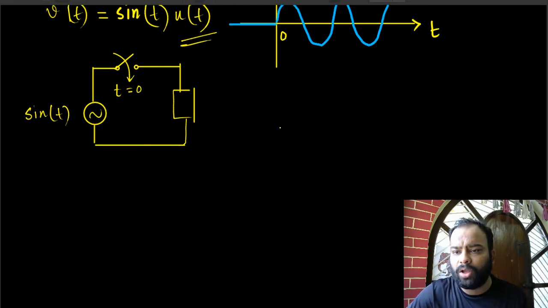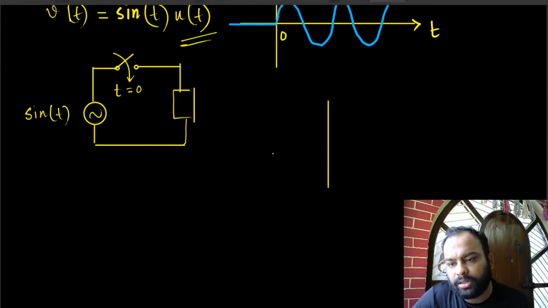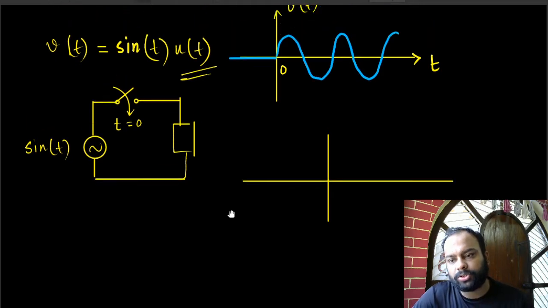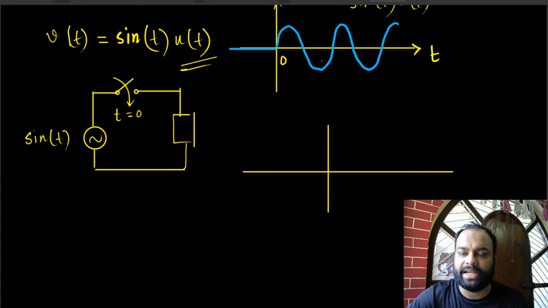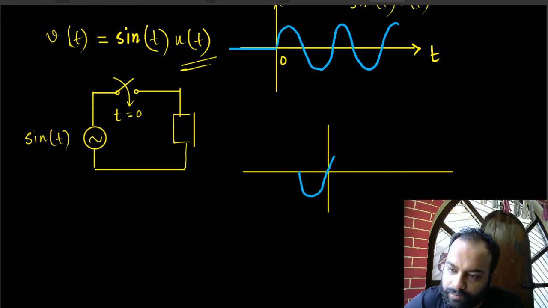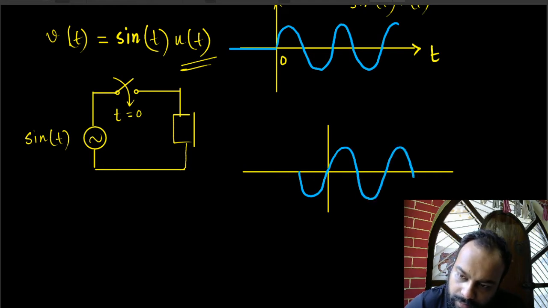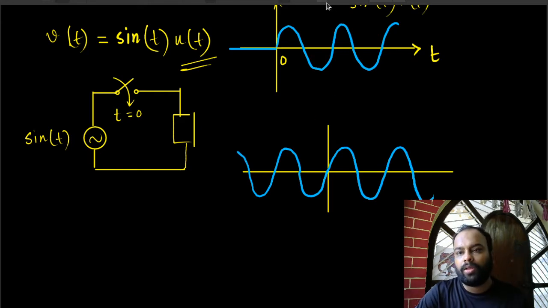But what about this? So this is sin t u(t), but what about just sin t? If I just say sin t, now what am I trying to say here?